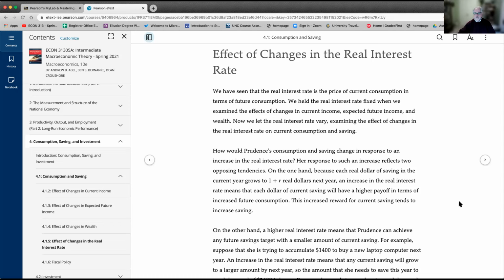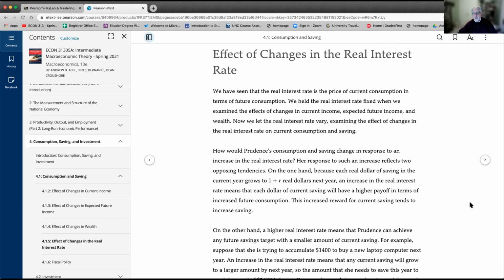I'll say there's an increase in the real interest rate. That means that you have a bigger reward for saving today. So that should increase your saving today, right? But at the same time, it penalizes not saving, consuming today, right? Because you're missing out on the higher interest that you could get.